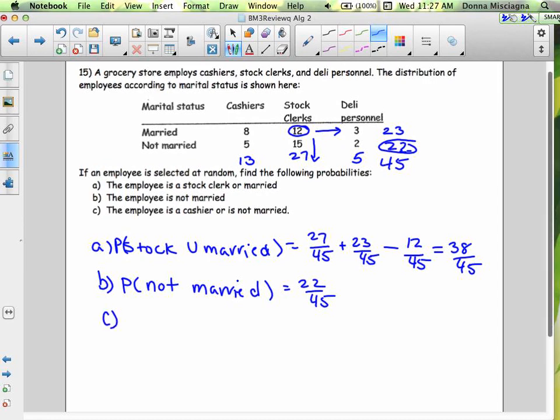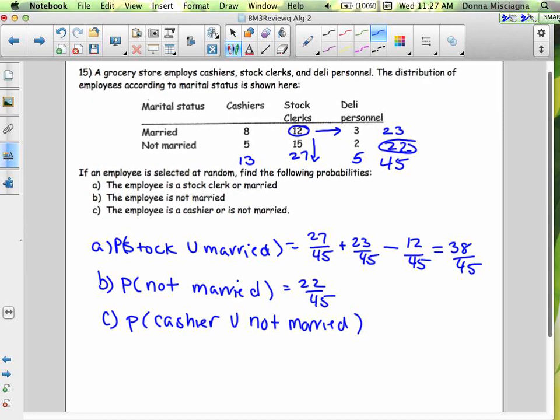The employee is a cashier or not married. So probability of cashier or not married, which means we're going to add because it's an or. And it says not married, so we make sure to include the not married group, which we just had above.